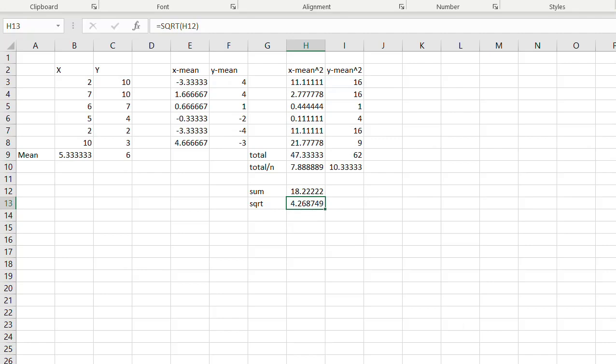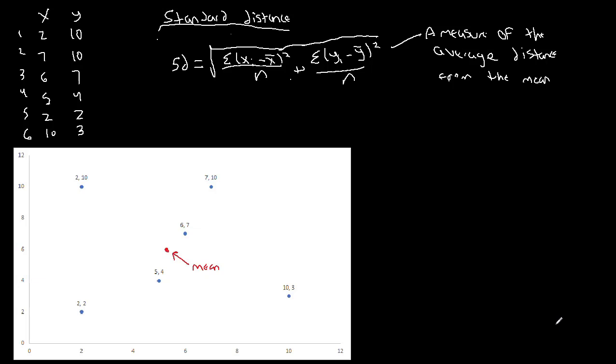Let's go ahead and hop back over to our paint, and let's record our standard distance value. We said we'll use blue, and the value is 4.28, we said. So this distance right here is our standard distance, which is an average distance from the mean.